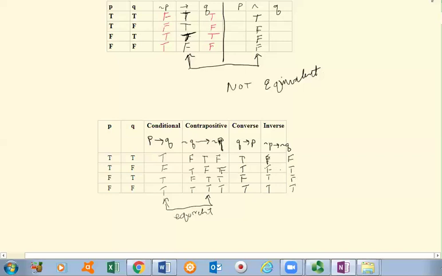And then I single out right here, I've got a true followed by a false in here.